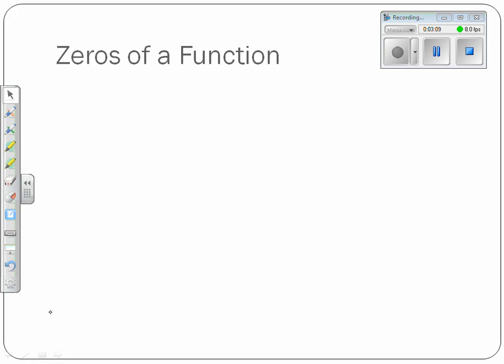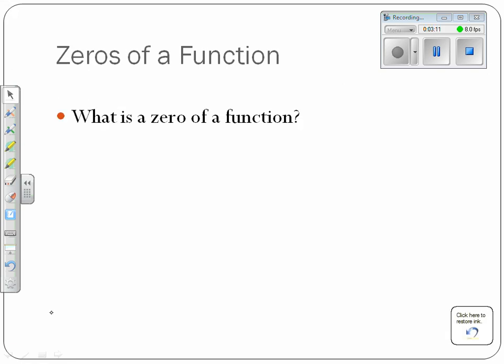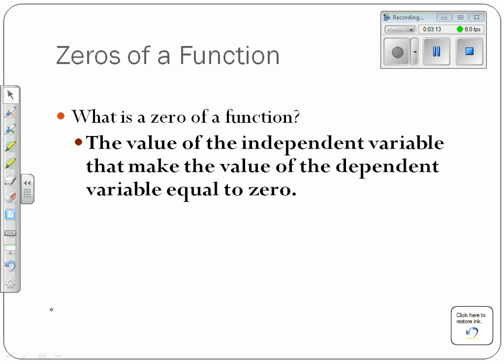Okay, so what is a zero of a function? Let's get a definition. A zero of a function is the value of the independent variable that will make the value of the dependent variable equal to 0.